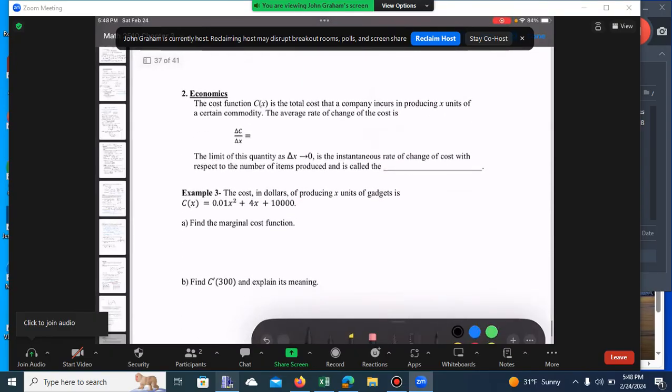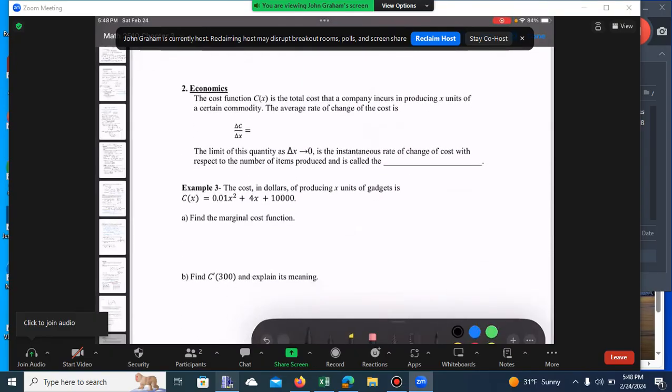All right, so let's get into some other little applications. Last application actually. We have what's called a cost function. This is the total cost that a company incurs in producing x units of some product. The average rate of cost is given by your cost function at x plus some change in x, minus your initial cost, over your change in x.